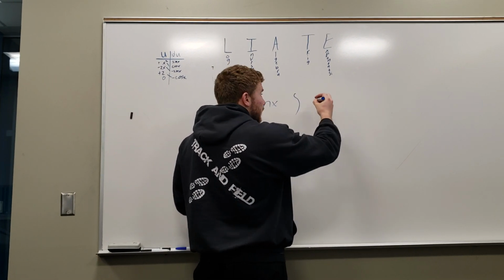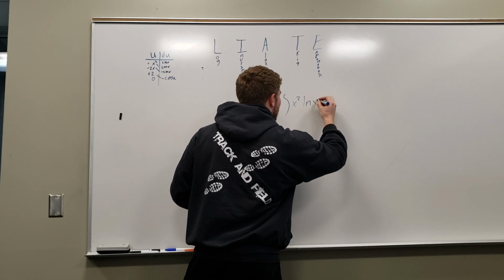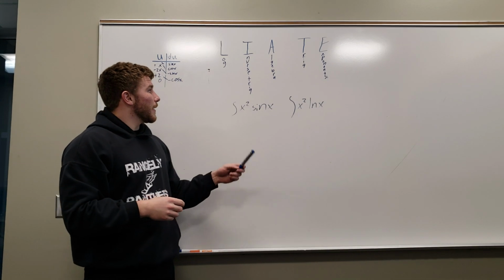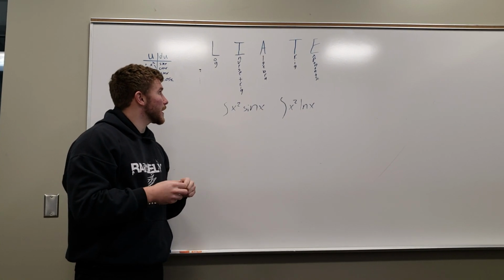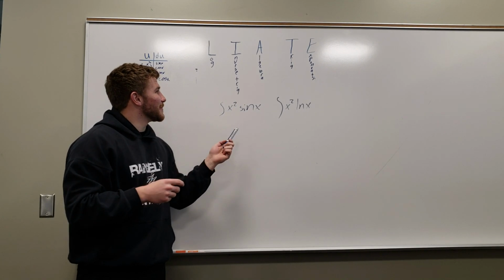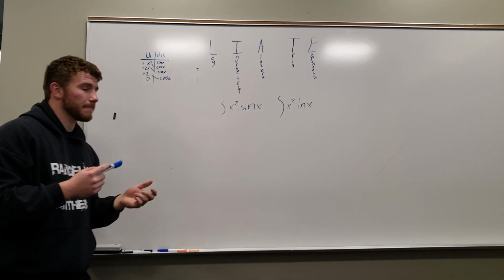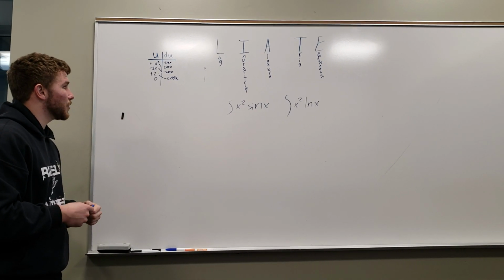Another example is x squared times the natural log of x. So natural log of x is a logarithm, and so it comes before algebra, and so natural log would be your u.